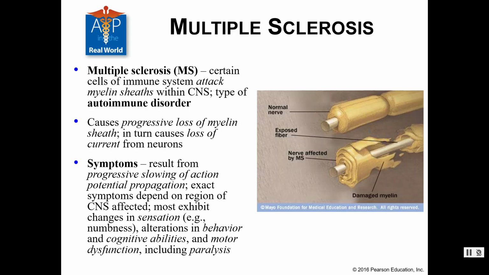So you have motor dysfunction, including paralysis, and sensation is also processed here, so if you lose that ability, you'll experience a lot of numbness. This can even alter certain behaviors. You can lose cognitive abilities, things like that. There are treatments for multiple sclerosis, or MS, but as of right now, there are no cures.